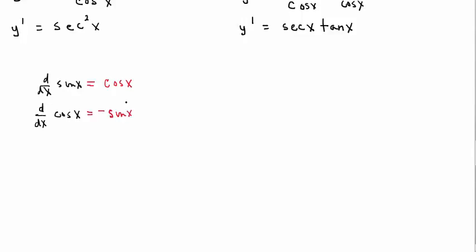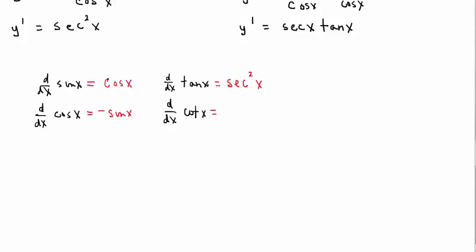I didn't derive the derivative of cotangent, but I did derive the derivative of tangent. Okay, and we saw that to be secant squared x. Okay, so thinking about what we have here and what we have here, the derivative of the cotangent should be negative. Okay, and this is actually going to be negative cosecant squared x if we were to derive it.